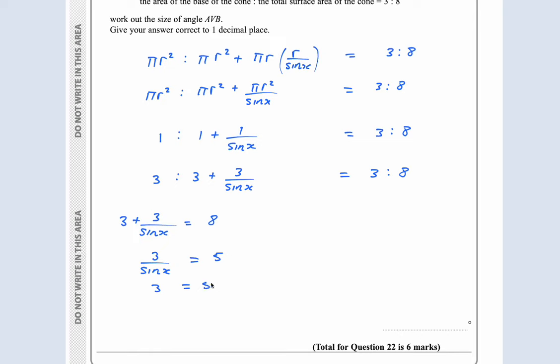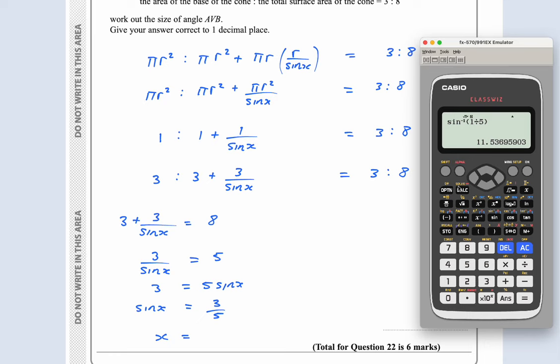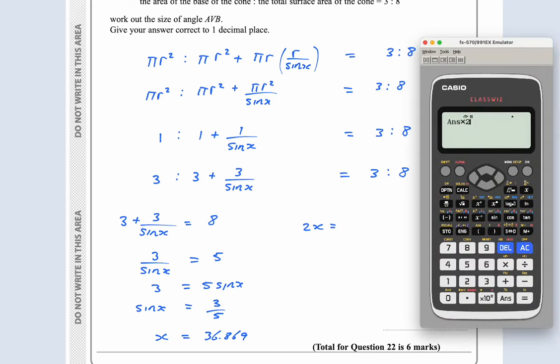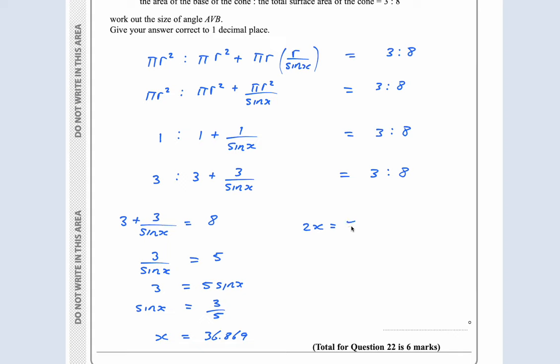So 3 equals 5 sine x, and sine x equals 3 over 5, which means x is equal to the inverse sine of 3 over 5, which gives me 36.869. I just put enough digits there for the moment, which means 2x is equal to this times 2, which is 73.739 or 73.74. He says 1 decimal place, so 73.7.